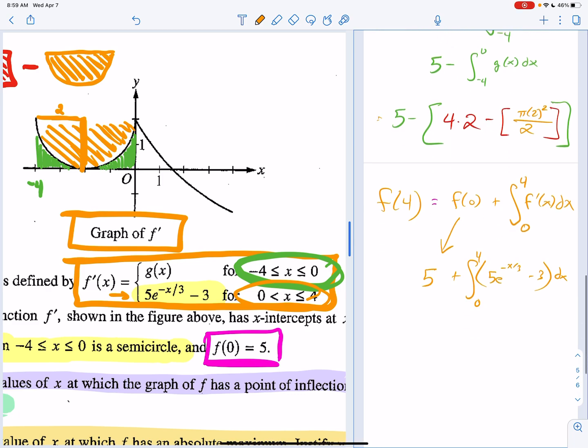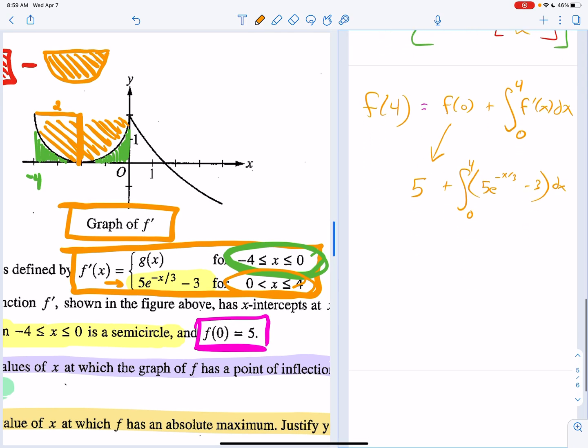So here they're really assessing you on your analytical skills. Okay? I'm going to go ahead and rewrite it so that you guys can see it. For instance, that 5 next to the e can bump outside. And that minus 3 can be separate. Okay?